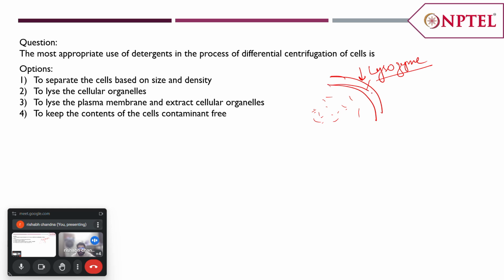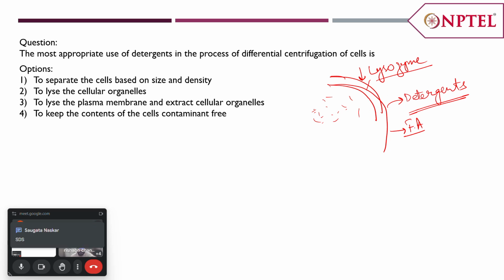Then we have to lyse the plasma membrane. The plasma membrane is made up of phospholipids basically, and phospholipids can be broken open with the help of detergents. SDS is one of the detergents that we generally use for breaking open the plasma membrane.